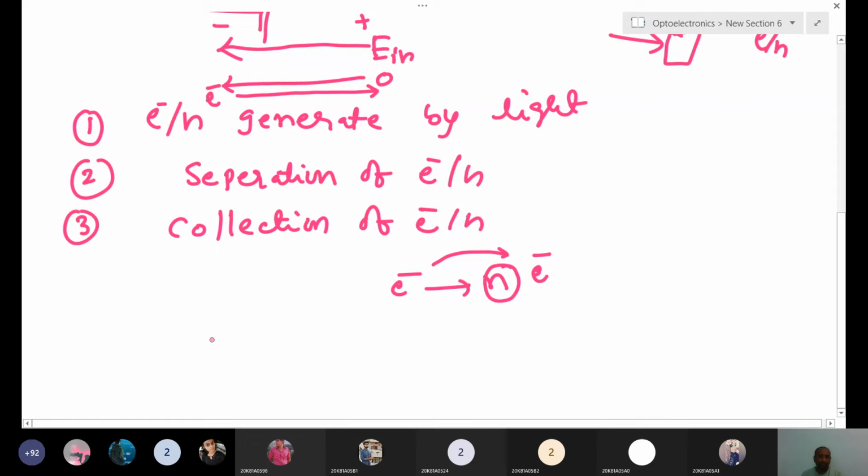So on the p side only holes come, and on the n side only electrons come, so that there are no recombination losses.